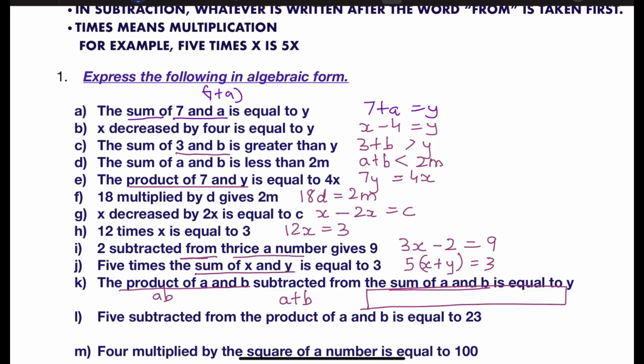After from, whatever is there. So first the sum will come, a plus b minus ab, because the product of a and b subtracted from the sum is equal to y. So this is your final answer.